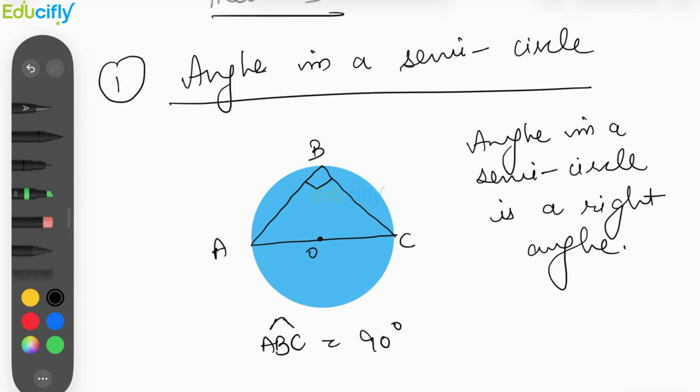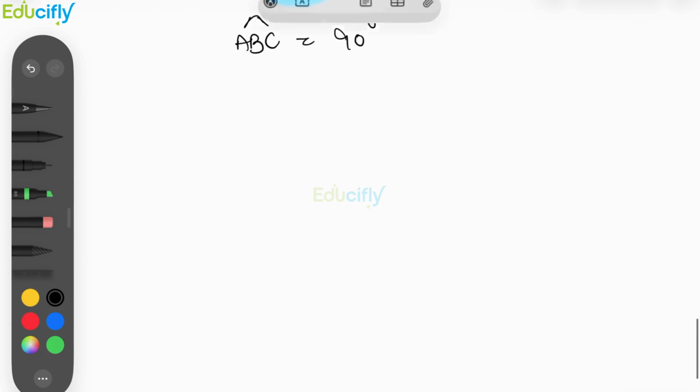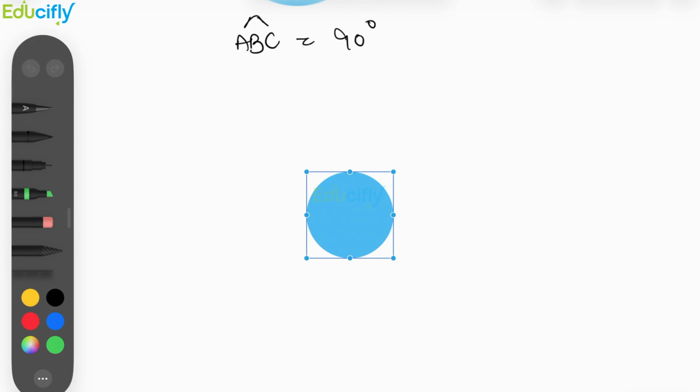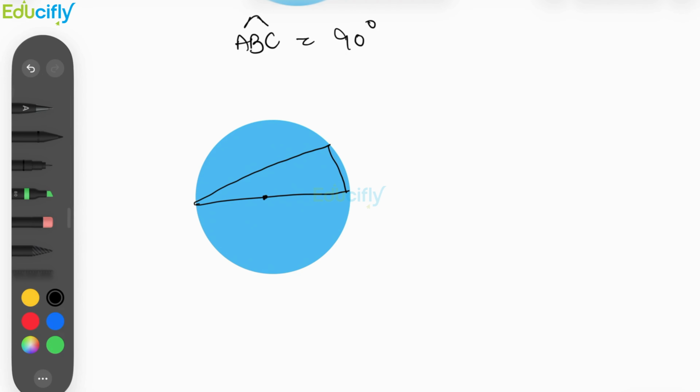ABC can be in this way as well. Let's take one more circle and mark the diameter like this, or take the point here, something like that. All of these angles will be 90 degrees.